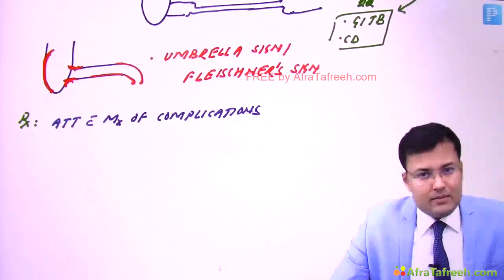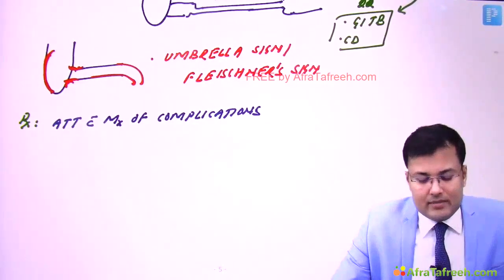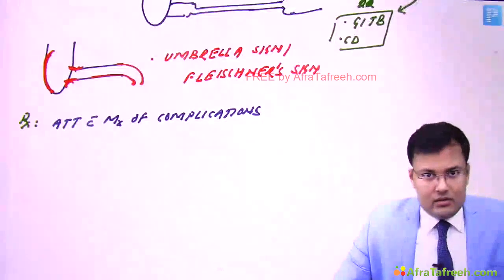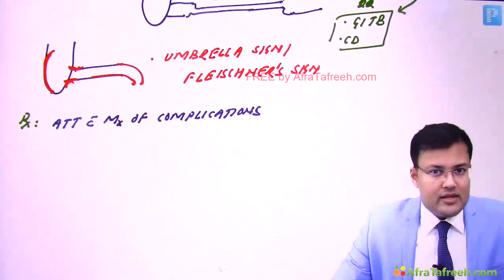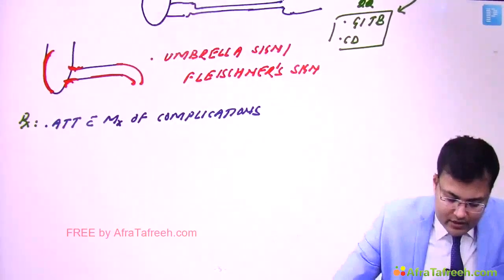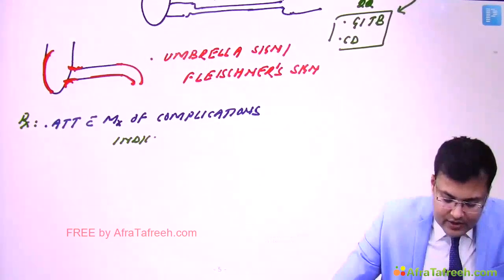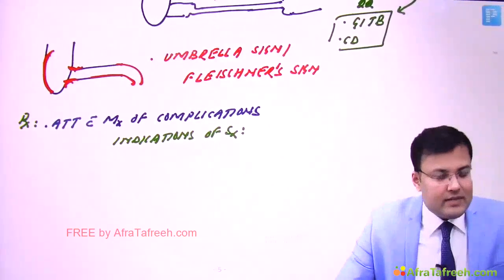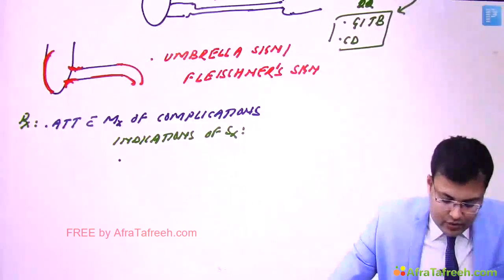But some patients come to us in the surgery department with complications, and in those cases surgery is required. So what are the indications of surgery? You have seen such patients in surgery OT or in surgery emergency. First, acute obstruction.